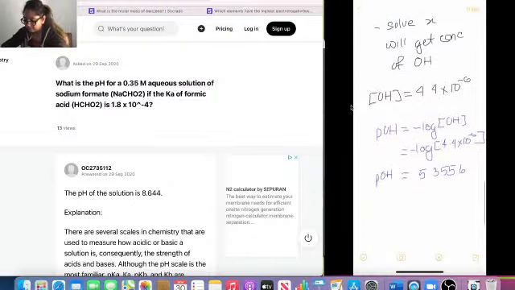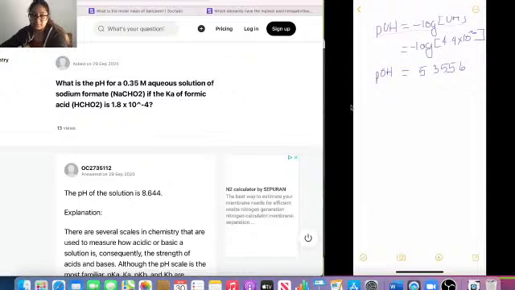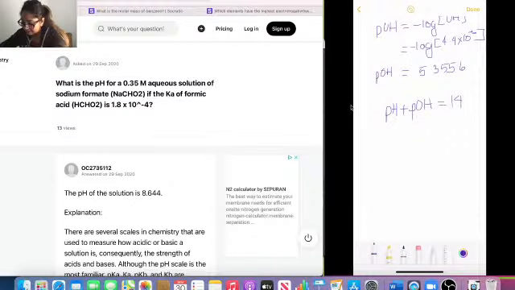But you see here that the question wants pH, and so to find pH, if you recall our equation, we have another equation where your pH plus your pOH is equal to 14. So 14 is basically the end point of the pH scale, and this is the furthest basic it can get.